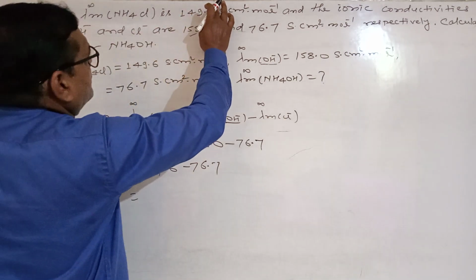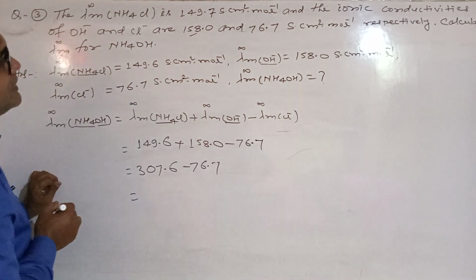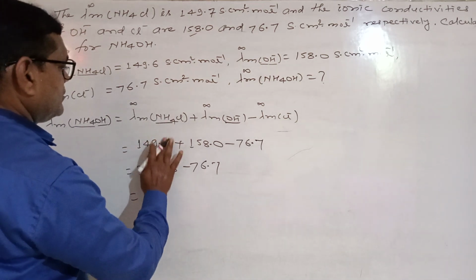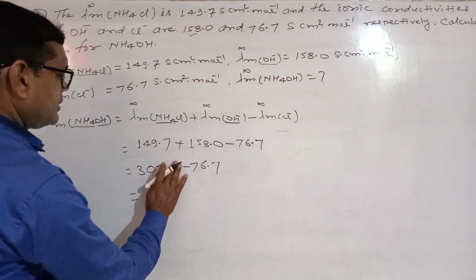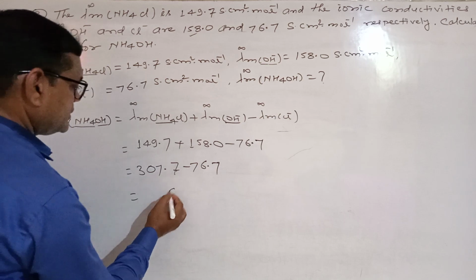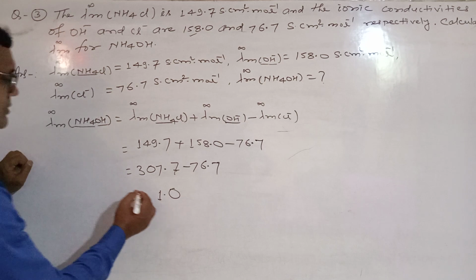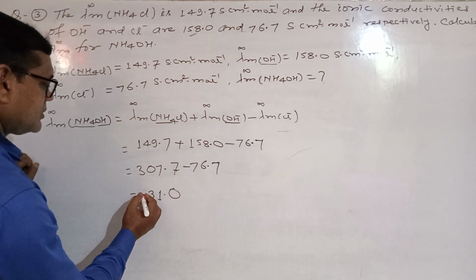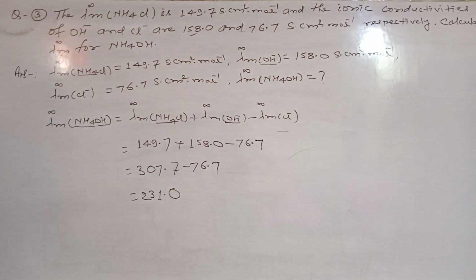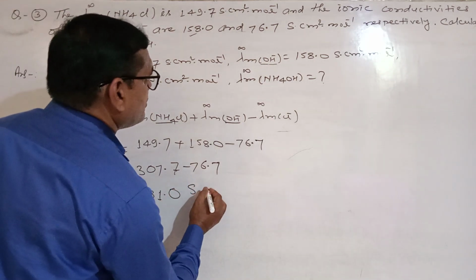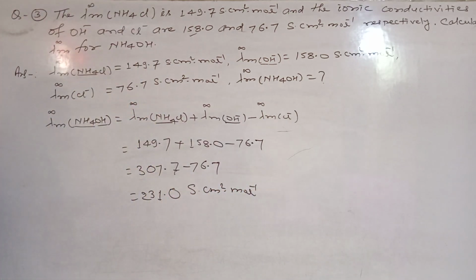Here the value is 6, not 7 here. We subtract. The answer will be 231.0 Siemens cm square mole inverse. Next question.